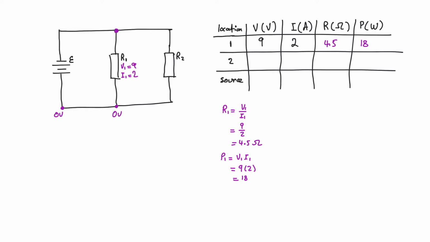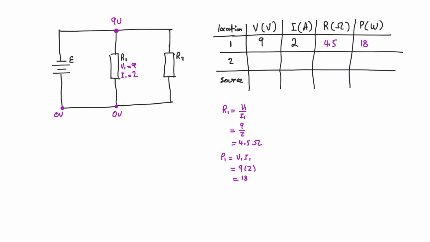And since every 1 coulomb is going to lose 9 joules of energy here, that means the voltage here has to be 9 volts. So if it's 9 volts here, that means if the charge was to go through this path, it will have to lose 9 volts here and it will have 0 volts here. And it also means that when it has 0 volts here, when it goes through the battery source here, it's going to gain 9 volts in order to have 9 volts here.